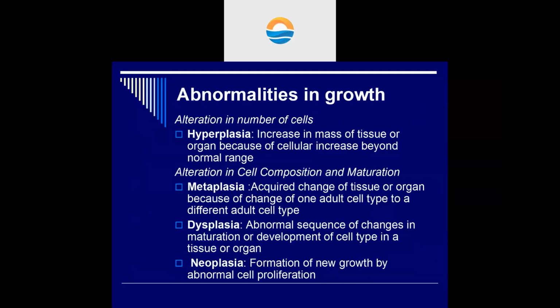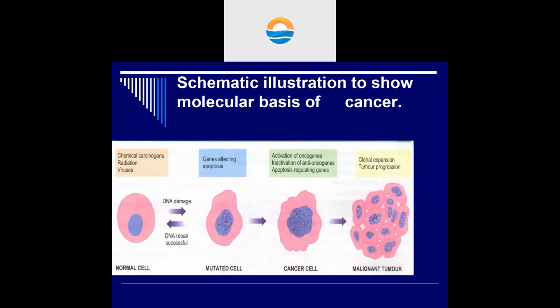Alteration in cell composition and maturation: we have various pathologies like metaplasia, acquired change of tissue or organ because of change of one adult cell type to a different adult cell type. Dysplasia is an abnormal sequence of changes in maturation or development of cell type in a tissue or organ. So, as we said before, neoplasia is the formation of new growth by abnormal cell proliferation.